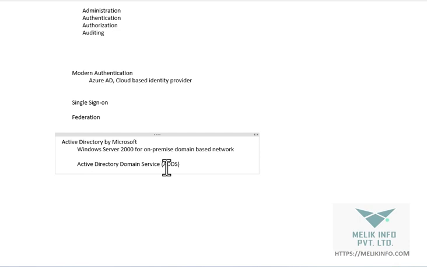ADDS provides you centralized management of your identity, with which you can manage your infrastructure.